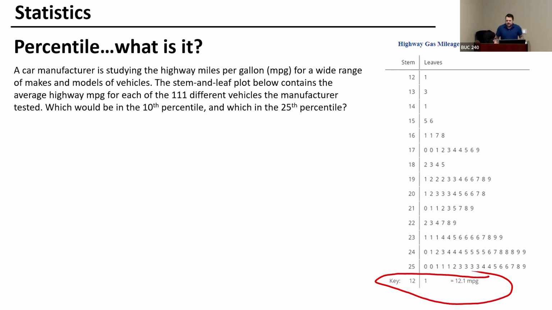Notice this first one right here is saying 12.1 miles per gallon. The next one will be 13.3, 14.1. Now look at 15.5 and 15.6. It's got two data values there. They're just using the last numbers, the tenths places.